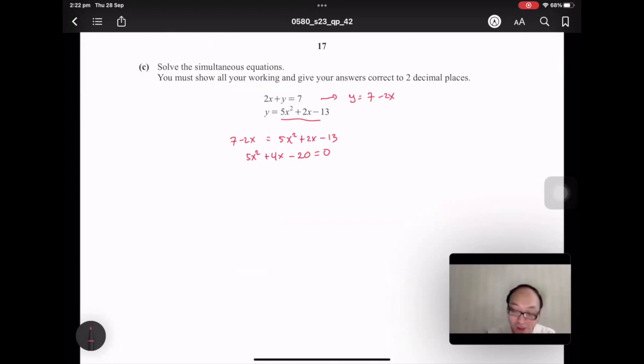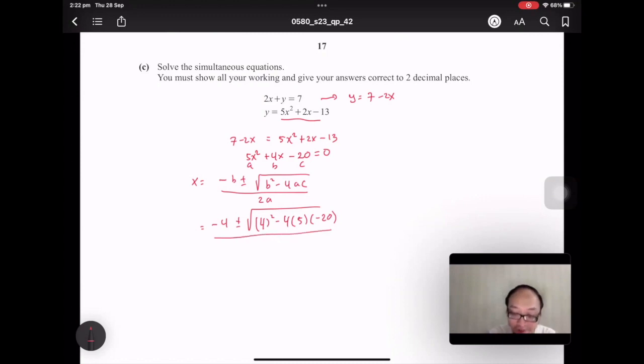So we can use the formula minus b. This is a, b, and c. So minus b plus or minus the root of b squared minus 4ac over 2a. So it's minus 4 squared minus 4, a is 5, and c is negative 20, over 2 times 5.